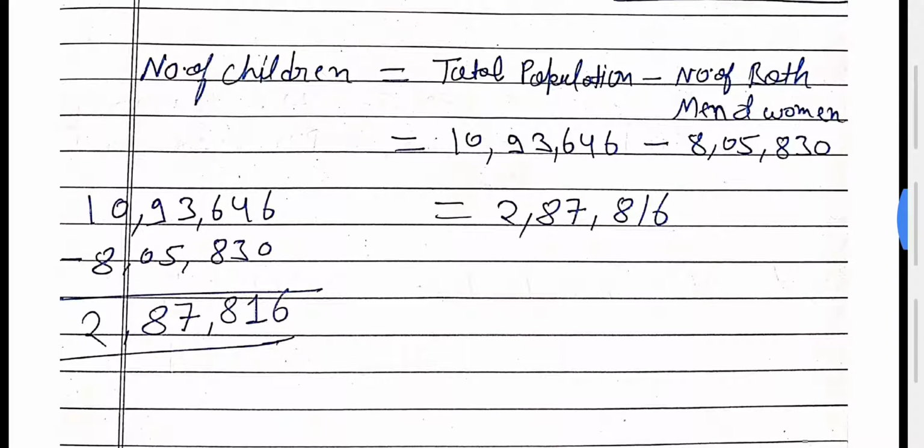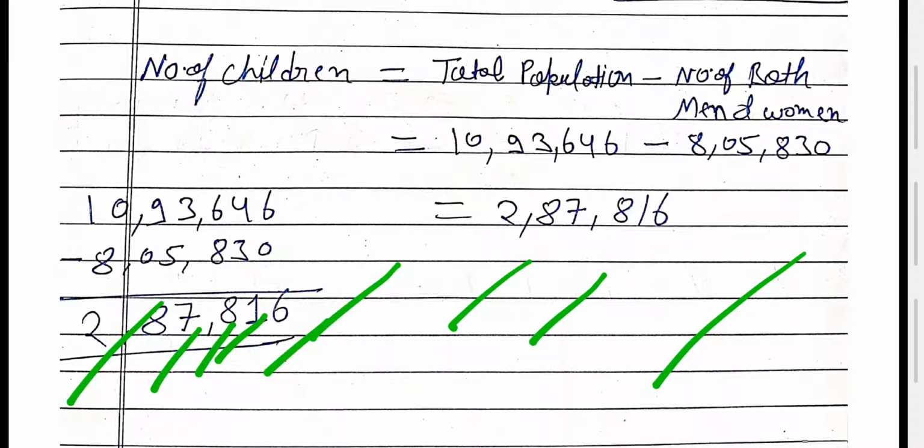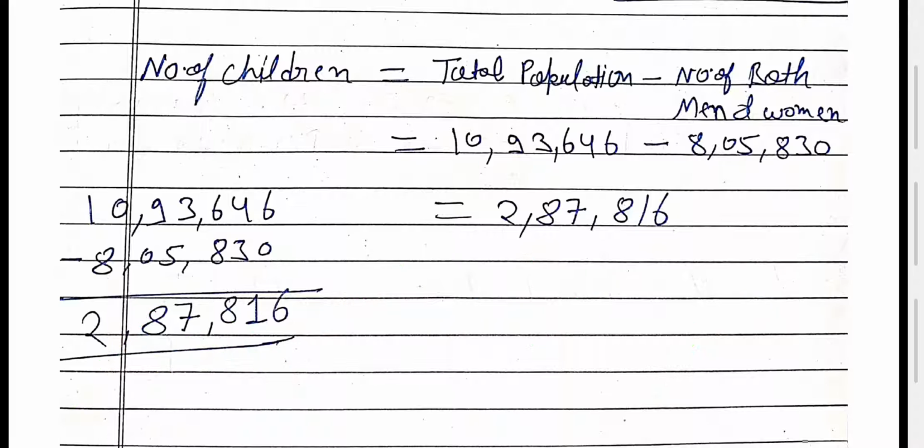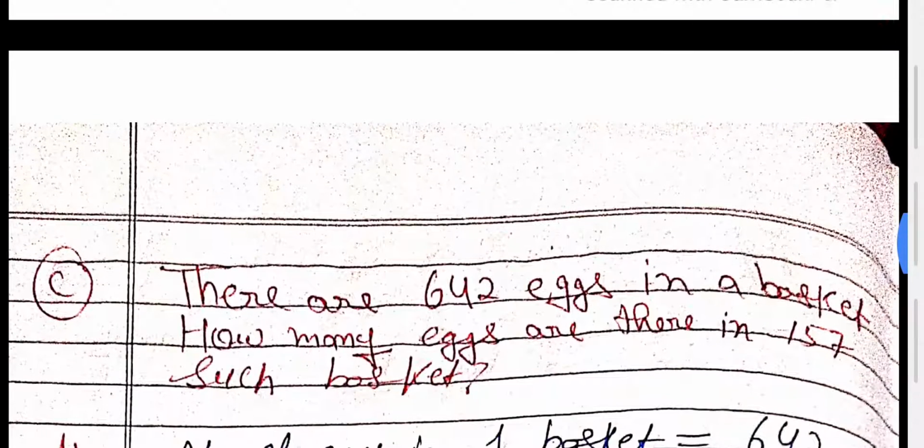I am showing you the calculation. 6 minus 0 becomes 6, 4 minus 3 becomes 1, 6 minus 8 not possible, take 1 carry, it becomes 16, here it becomes 8, then 3 not possible, take 1 carry, it becomes 2, take 1 carry, it becomes 12, 12 minus 5 you get 7, here it becomes 8, 8 minus 0 becomes 8, then here 10 minus 8 becomes 2. So what is your answer? 2,87,816. These are the number of children. Hope all of you understand.